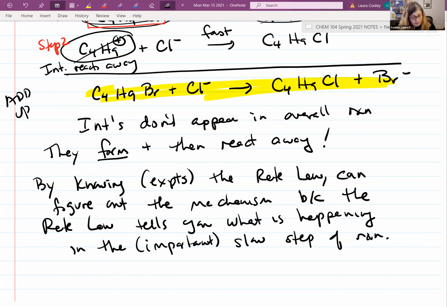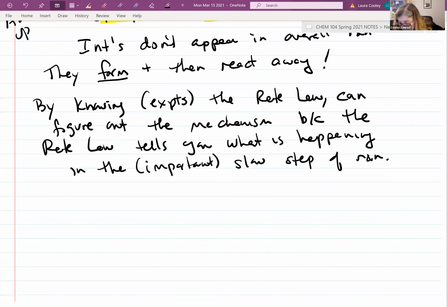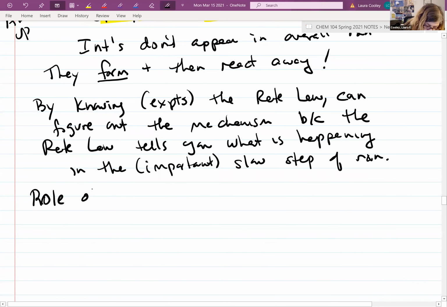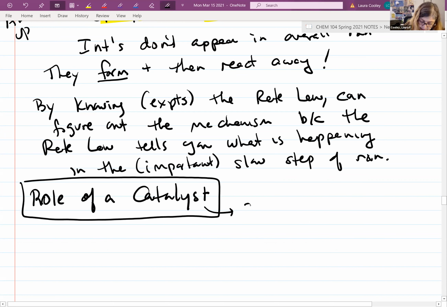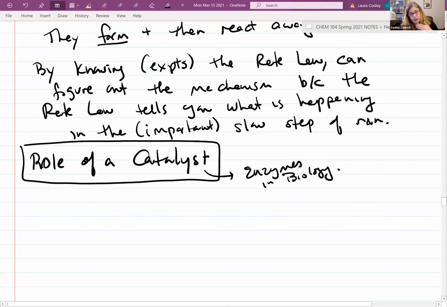All right, so I have to just tell you a little bit about the role of a catalyst. And of course, you know that catalysts are called enzymes in biology. So what I'm saying here for any garden variety catalyst also goes for enzymes. But I'm going to give you an example that's not from biology.